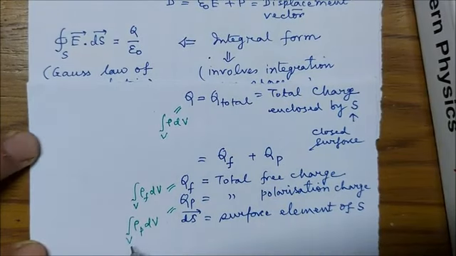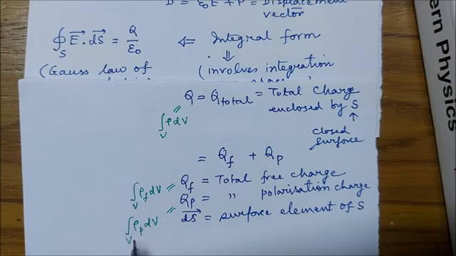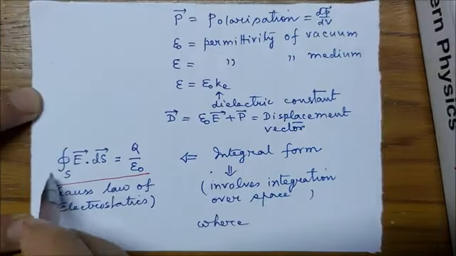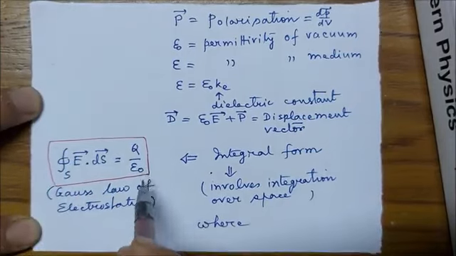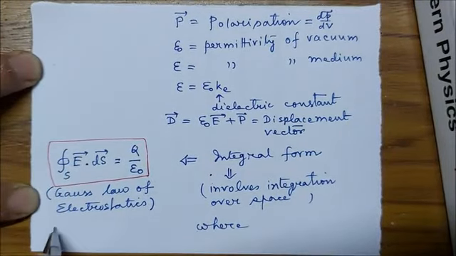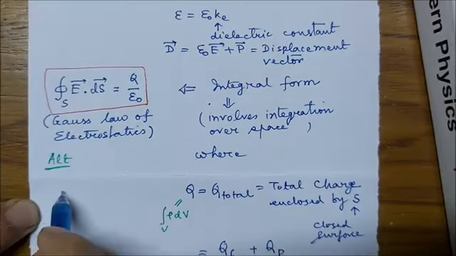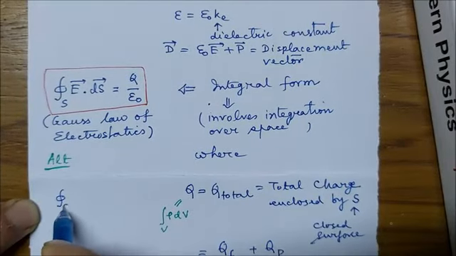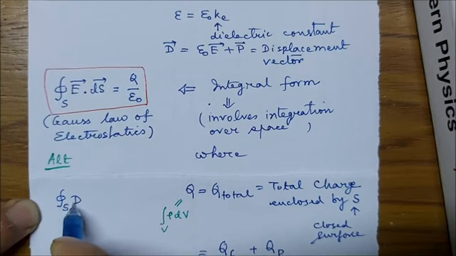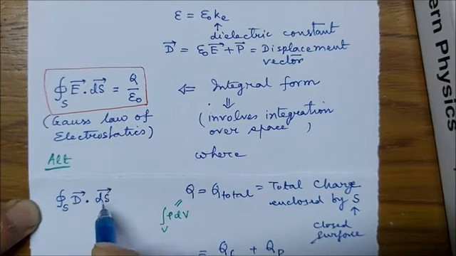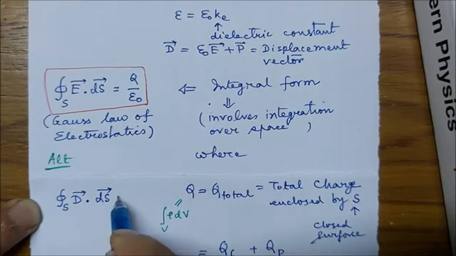And alternately we can express this integral form as the closed surface integration over vector D, which is the electric displacement vector.